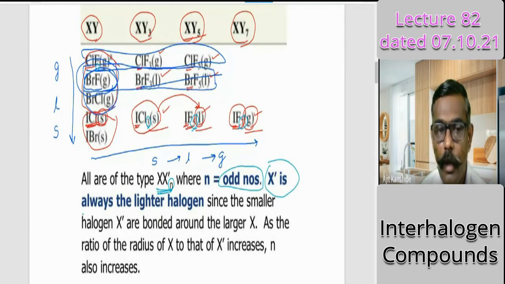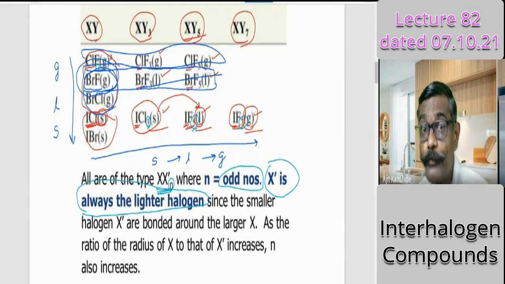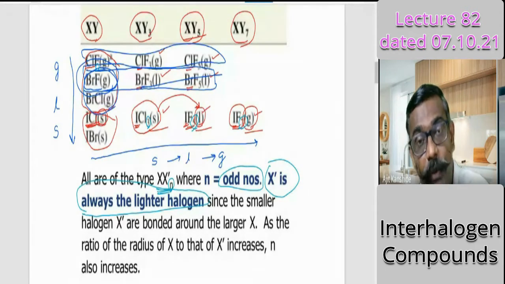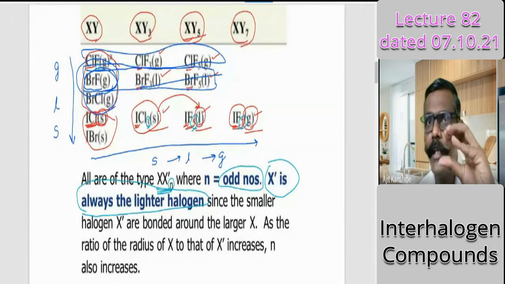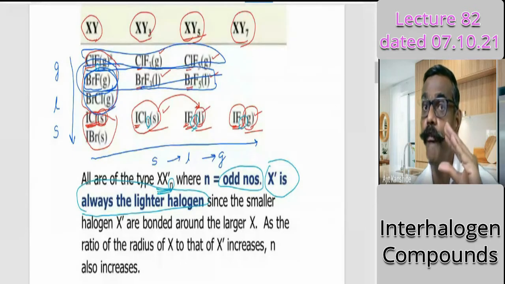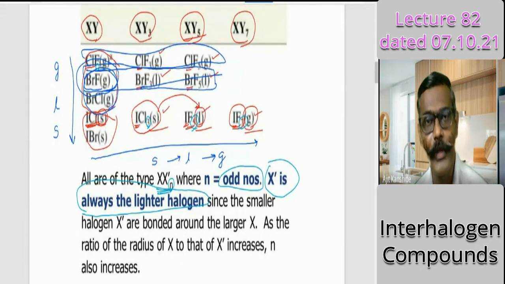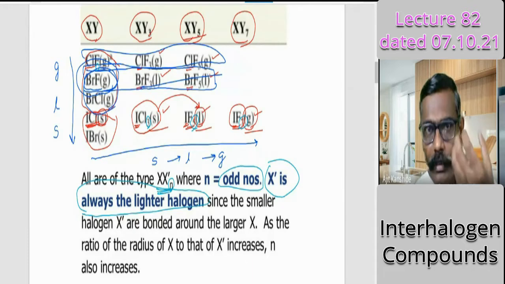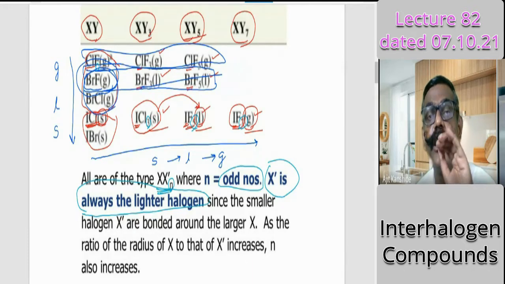X is always the lighter halogen. Lighter in terms of weight means its atomic weight will be less. Fluorine is lighter than chlorine, which is lighter than bromine, which is lighter than iodine.